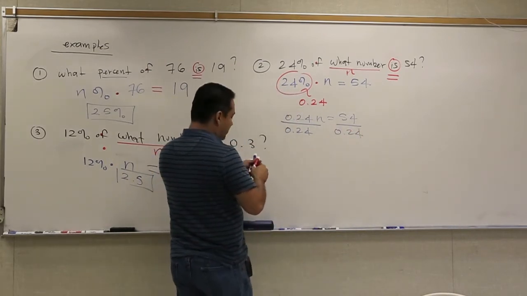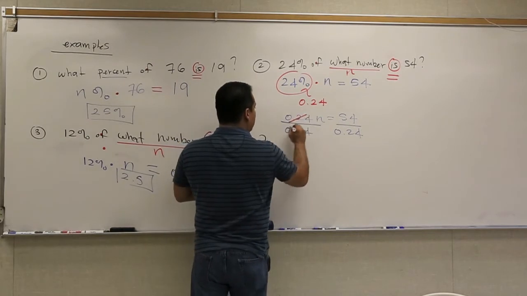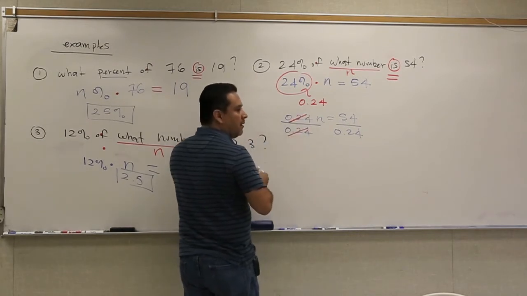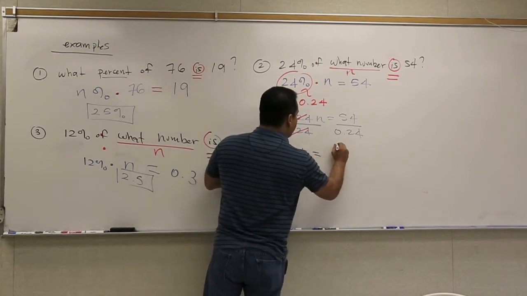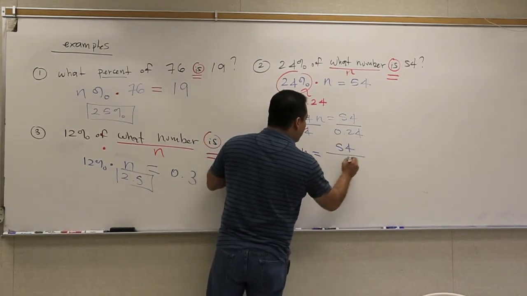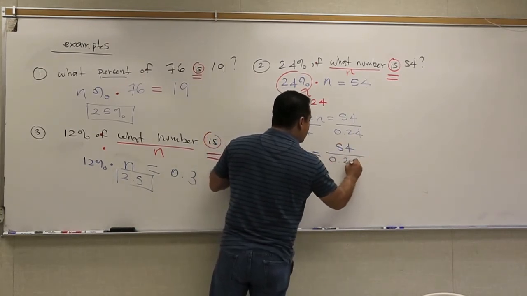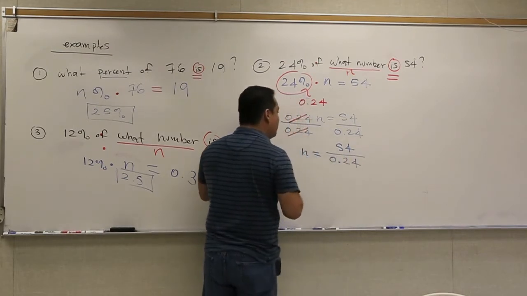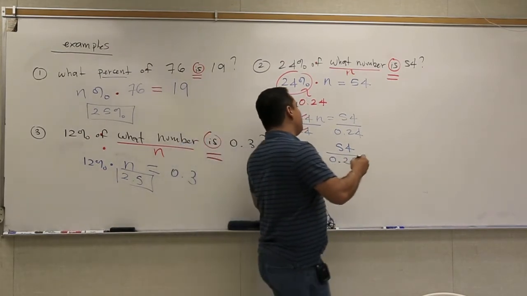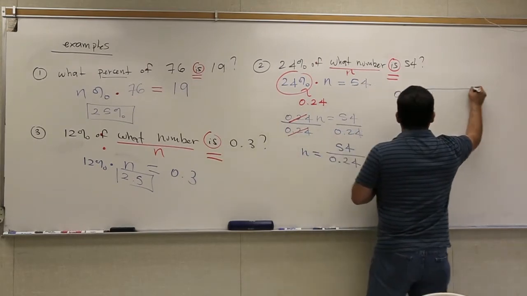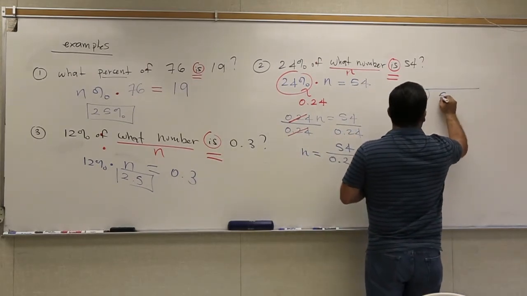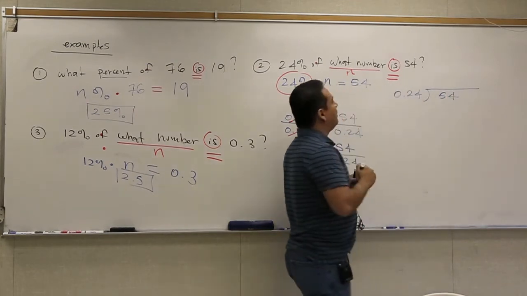I see why this is good. Now what do you get? You get n is 54 divided by 0.24. So again, we have another division problem. We got 0.24 going into 54.